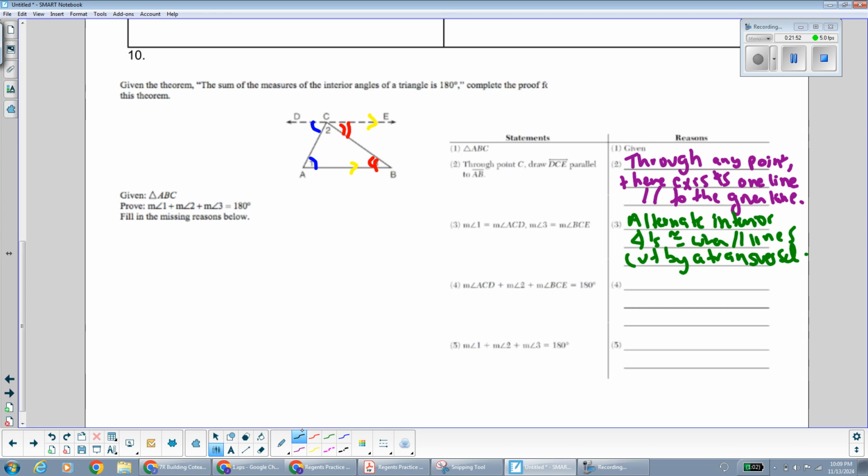And now it says measure of angle ACD plus angle 2 plus BCE equals 180. So if you put all of these together, it makes 180. So I'm going to put over here: angles that form a linear pair or a straight angle sum to 180 degrees.